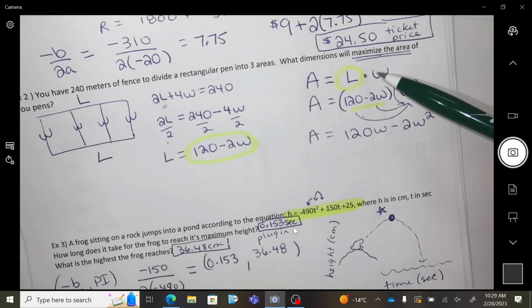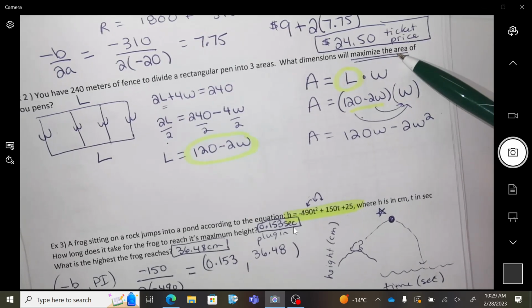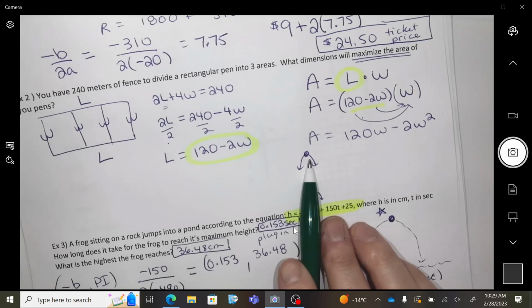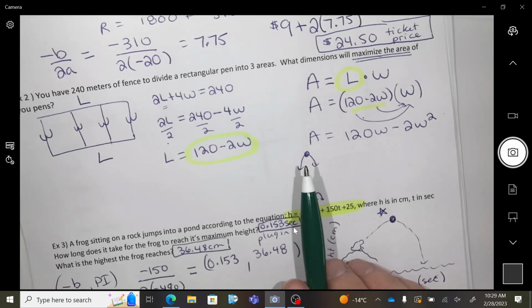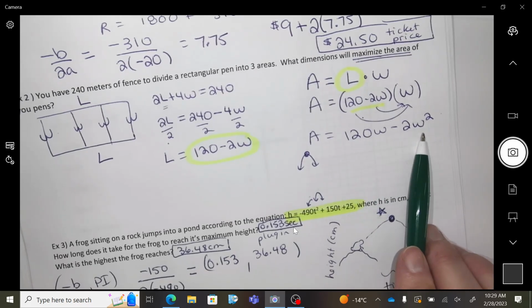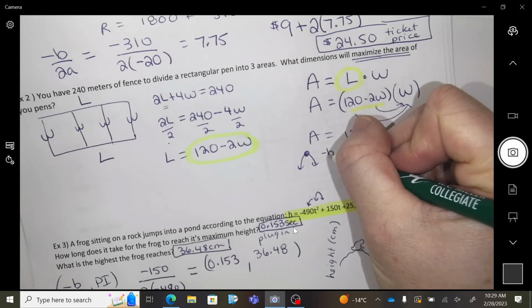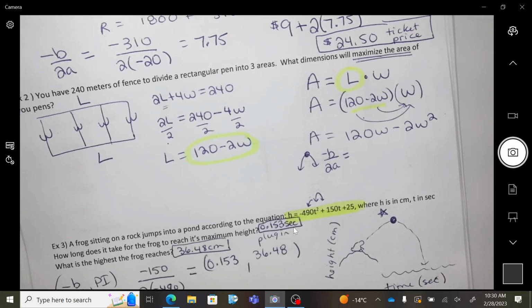Now that I have my equation, my question is what's the max? I'm trying to get to a max area, which means I'm trying to get a max, a vertex. How do we get a vertex when your equation looks like this? You need to do a negative b over 2a. Be careful which is your b, which is your a.